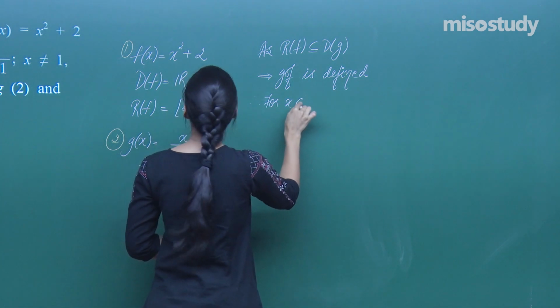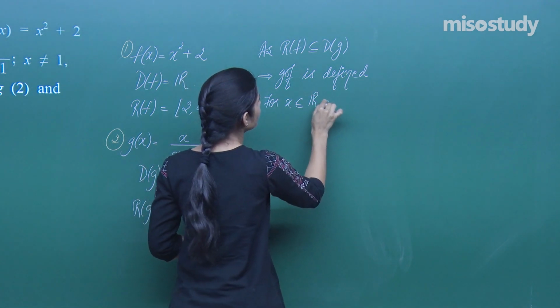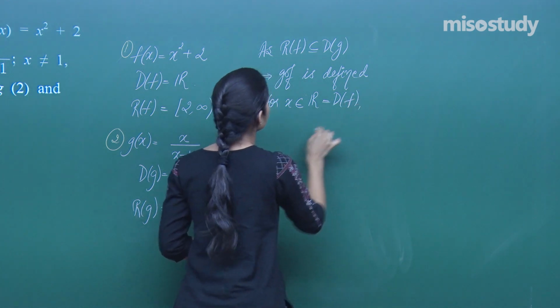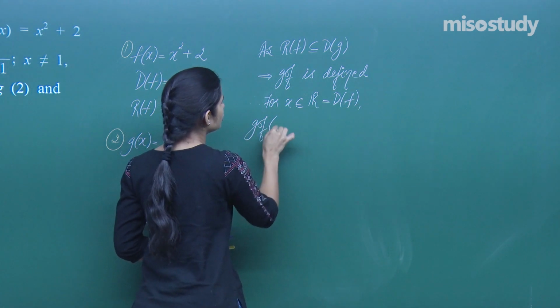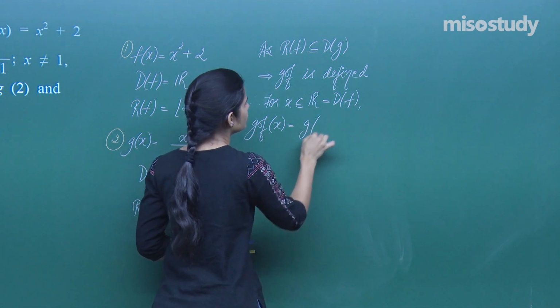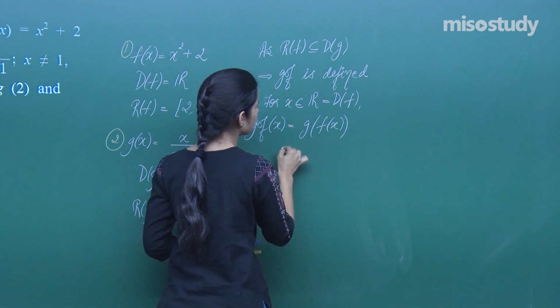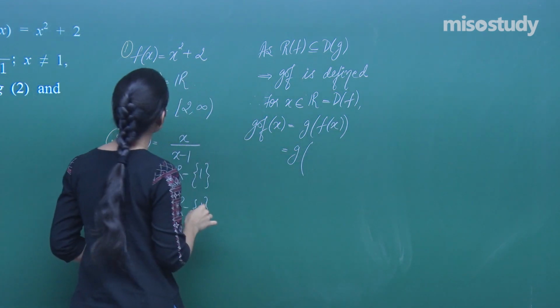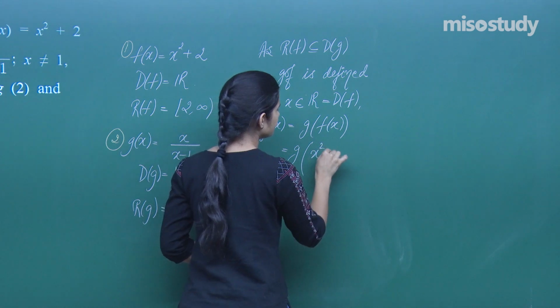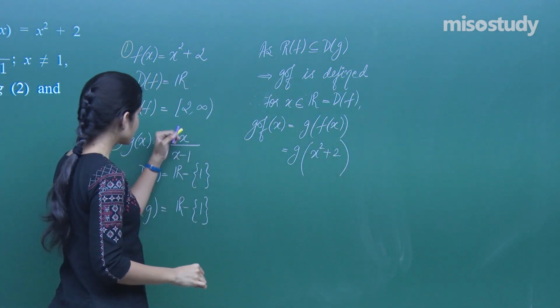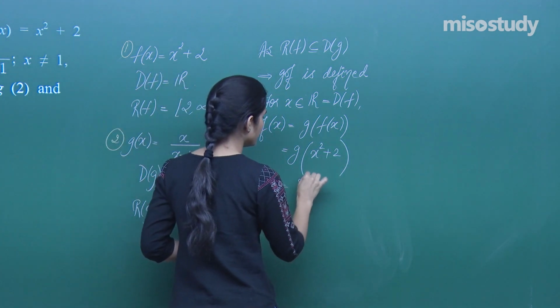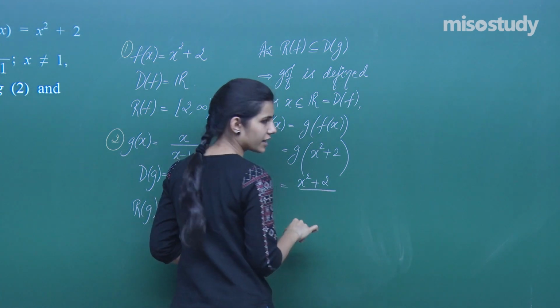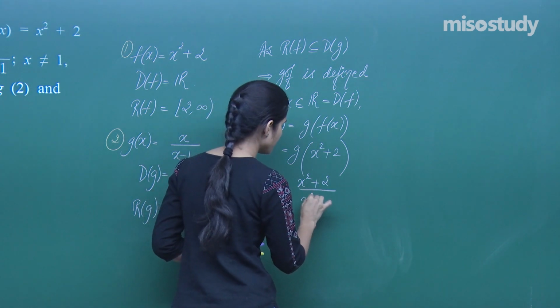For x belonging to the domain of F, which is the collection of all reals, let's talk about the computation of GOF of x, which is G of f of x. f of x is x square plus 2. Here you need x upon x minus 1. So this will be x square plus 2 upon x square plus 2 minus 1, which is x square plus 2 upon x square plus 1.